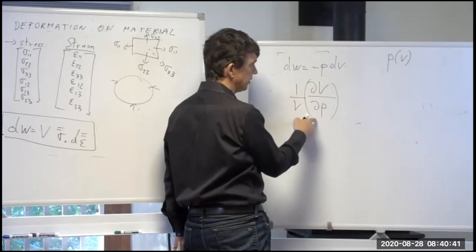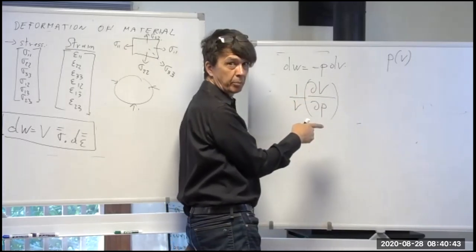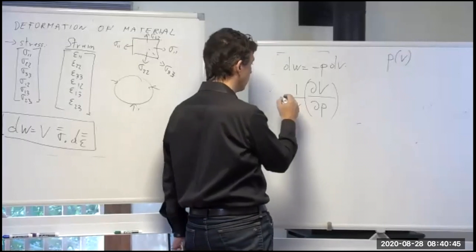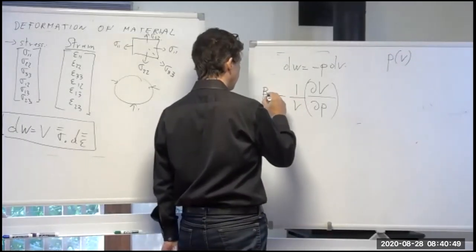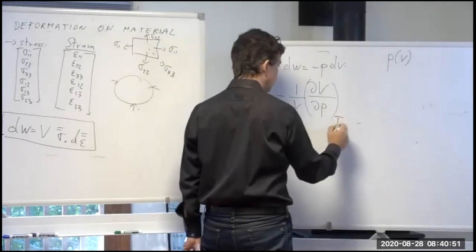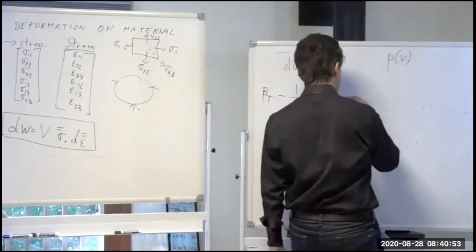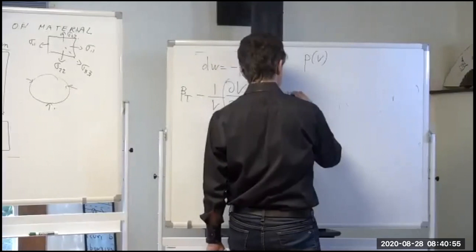And because this is negative, right? When I push on something, it becomes smaller. So this is defined with a minus sign. And this is called beta T. So I take this at constant temperature. And this is called the isothermal compressibility.